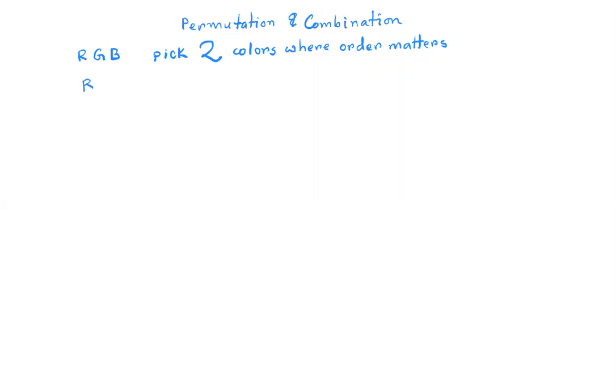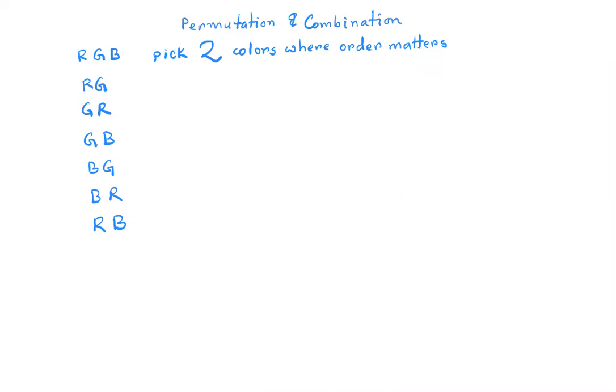So you could pick red and green, or green and red, because order matters, so they are not the same. You could pick green and blue, or blue and green, or you could pick blue and red, or red and blue. These are all the different ways you can pick.